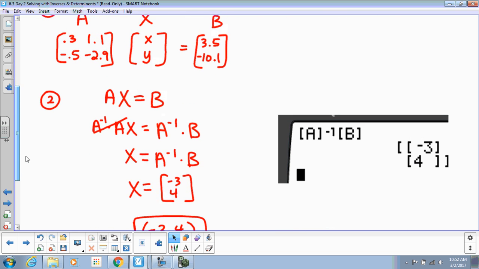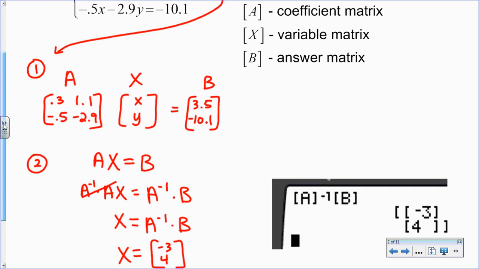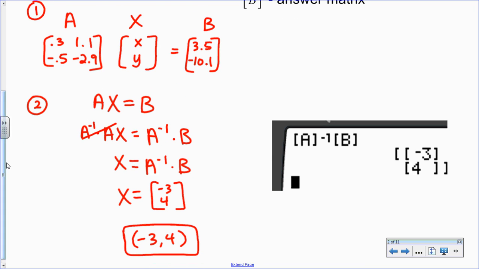I need to know that you understand how you're getting X by itself, that you're using the inverse to do that, okay? So everything that I have written down is what you would need to write on your test.